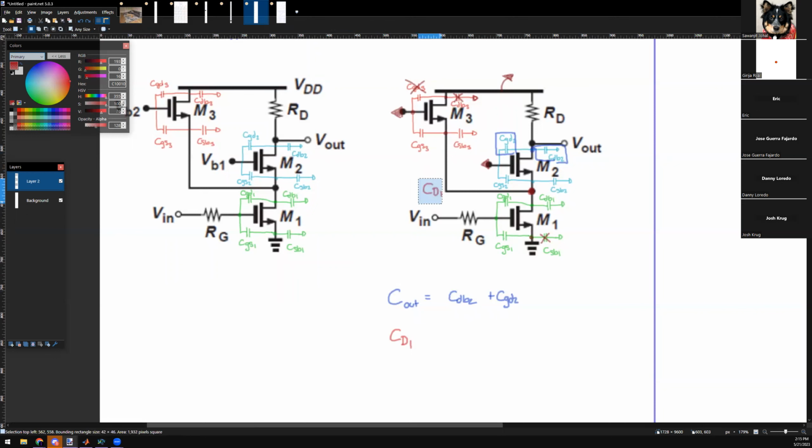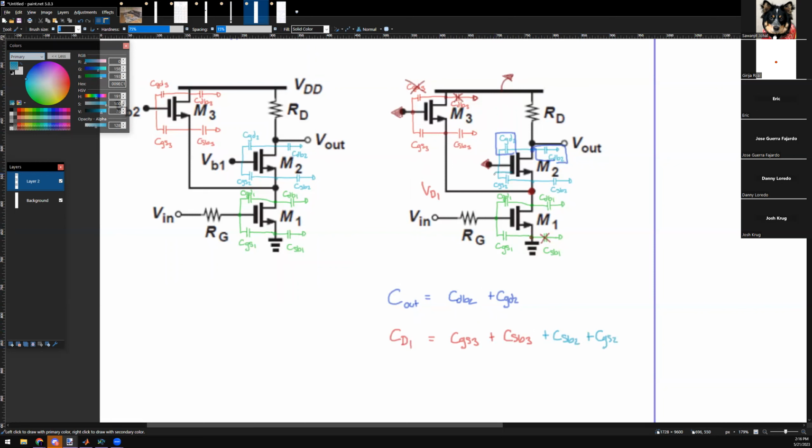Let me call it VD1, the voltage on the drain of M1. So it corresponds to a capacitor. This guy has CGS3 plus CSB3, also CS2, CSB2 plus CGS2.